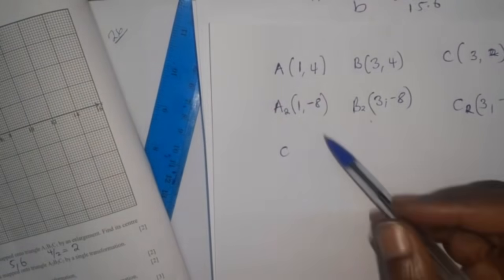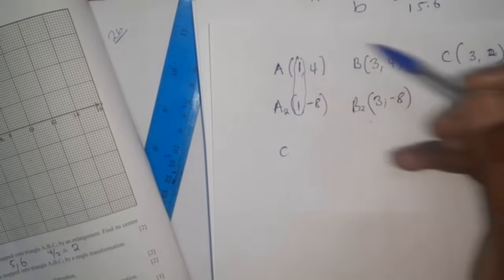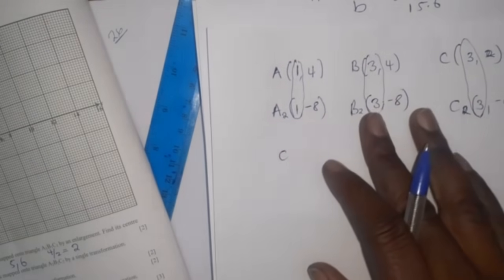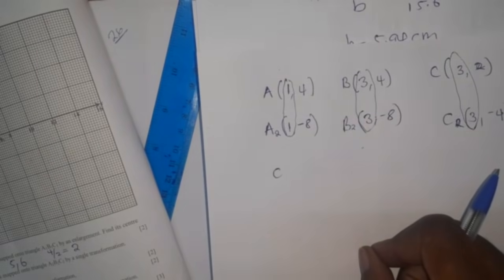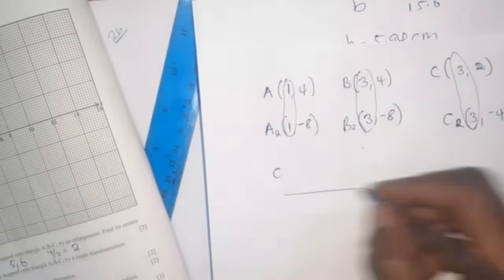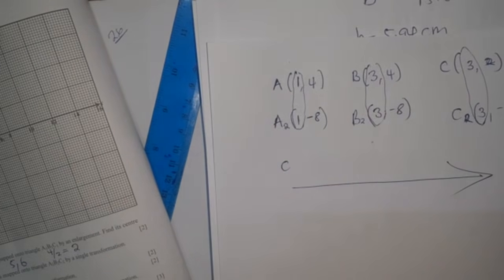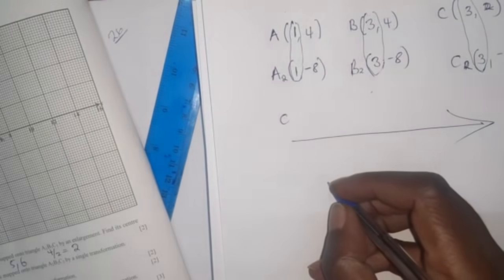Okay, so now I want you to identify these. Check the x coordinate is the same here. Even here the x coordinate is the same. So meaning this transformation was put perpendicular to the x-axis, and you realize that this is a stretch.